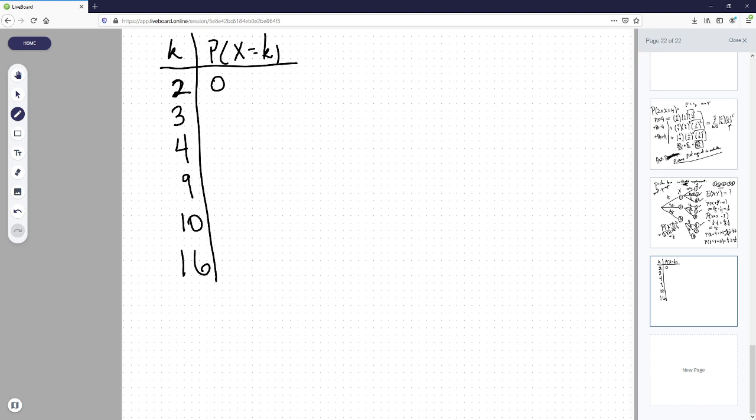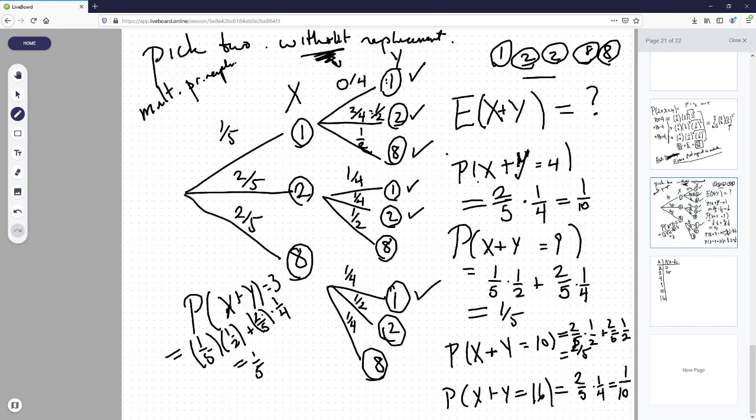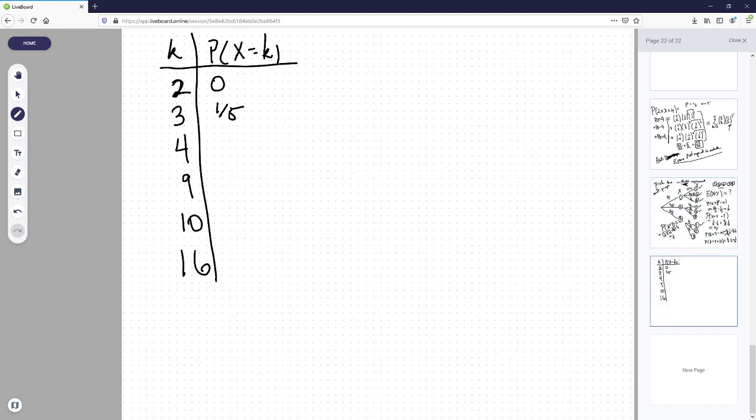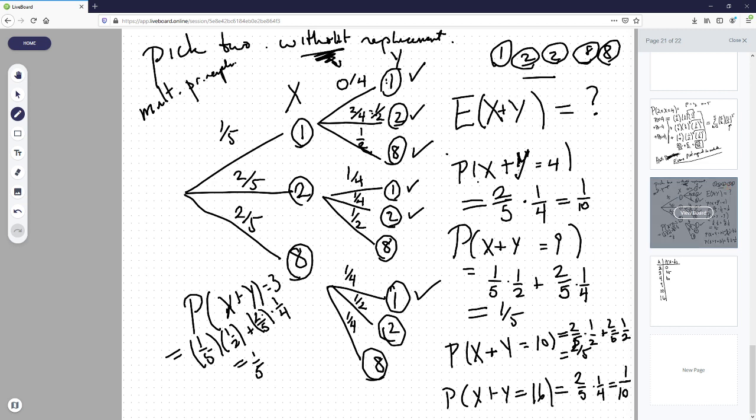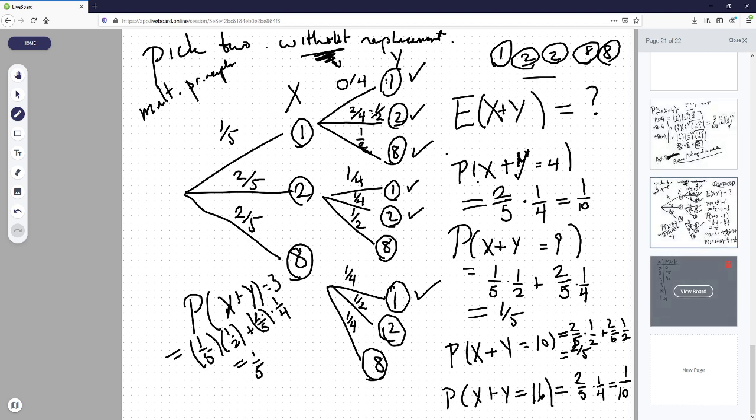The probability that we get a 1 and a 2, I think that was 1/5. I'll check those. The probability that we get 4 is 1/10. Hopefully they'll add up to 1. The probability that we get 9 is 1/5, and the probability we get 10 is 2/5.